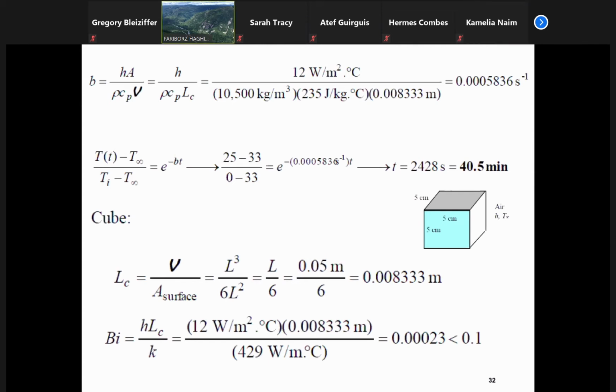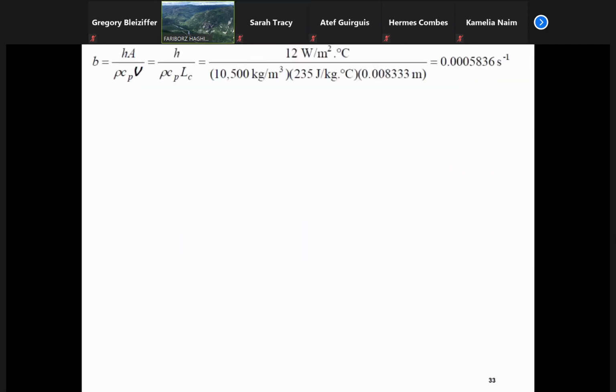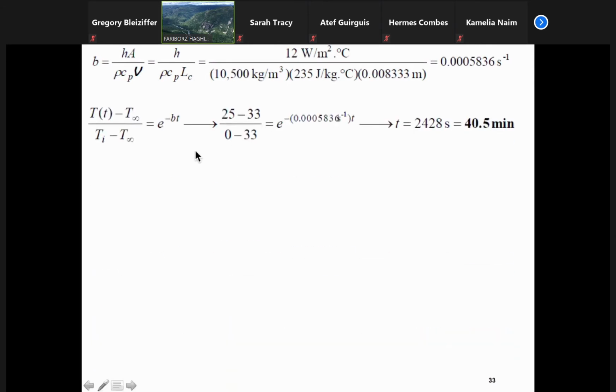And for now, we have to finish this slide. Okay, good. Therefore, we go to the next slide. Again, we calculate the B, and then we place it in this equation. B here is what we call the time constant, and that's the value that we have.